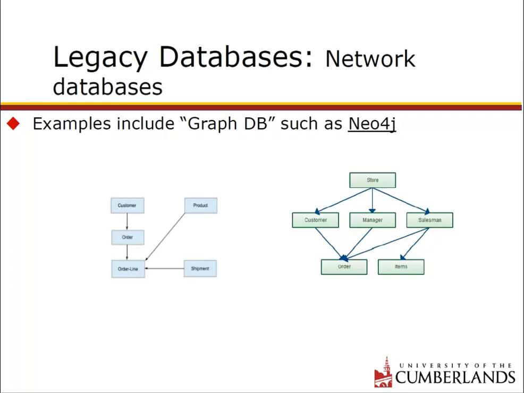In the left diagram, you can see how different entities like customer, product, order, and shipment can have multiple interconnections, representing the complex relationships that exist in real business scenarios. The right diagram shows a more complex network where entities like store, customer, manager, salesman, and items are all interconnected.